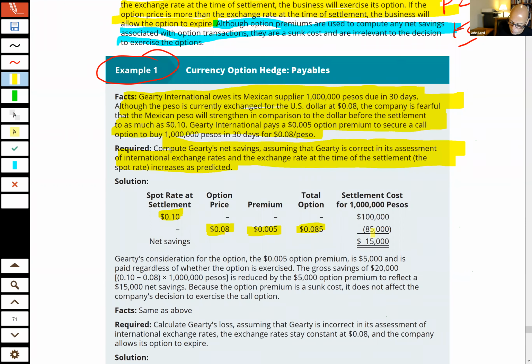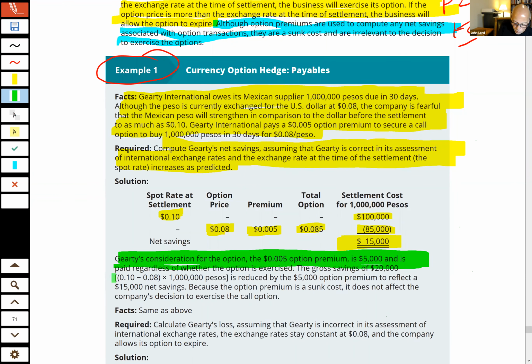But notice we were able to protect ourselves by only having a net cost of 85,000 as opposed to 100,000 if it had moved to 10 cents. And so our savings was 15,000. Let's look at the discussion here. Garrity's consideration for the option is 5,000 and is paid regardless of whether the option is exercised.